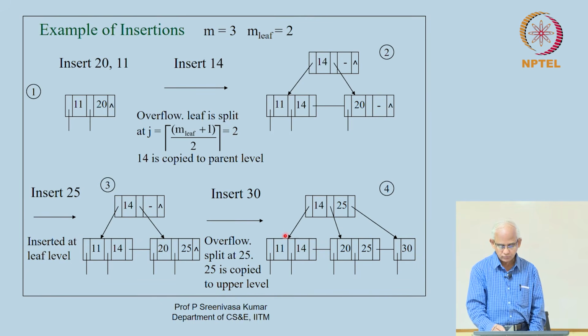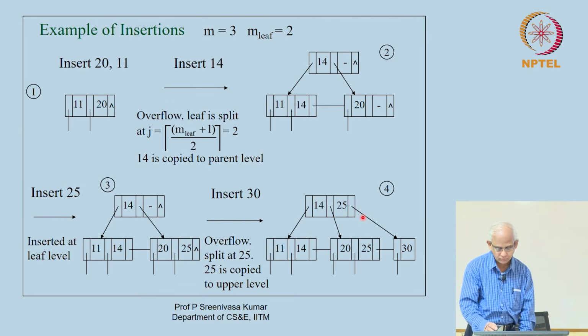Now this 12 you try to insert here. So it comes as 12, 14, 25, but then it cannot accommodate. So this will be split. When you split this, 12, 14 will go into one node and 25 will go into the other node. Okay.